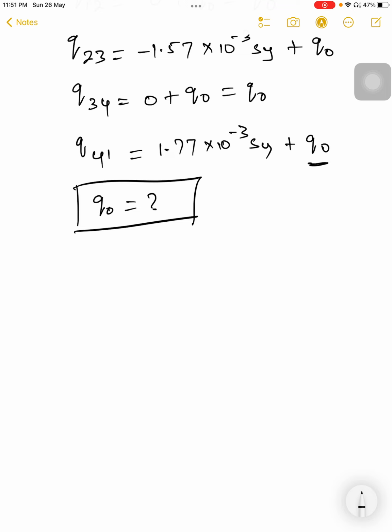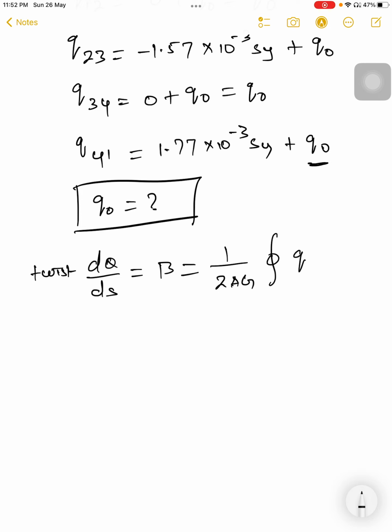The twist d theta by dz, or beta, equal to 1 by 2AG into integral of q ds by t, or you can write it as beta equal to qL by 2AGt.